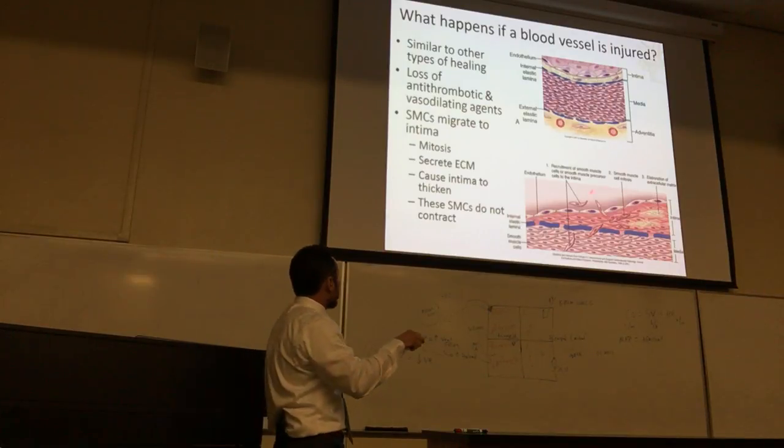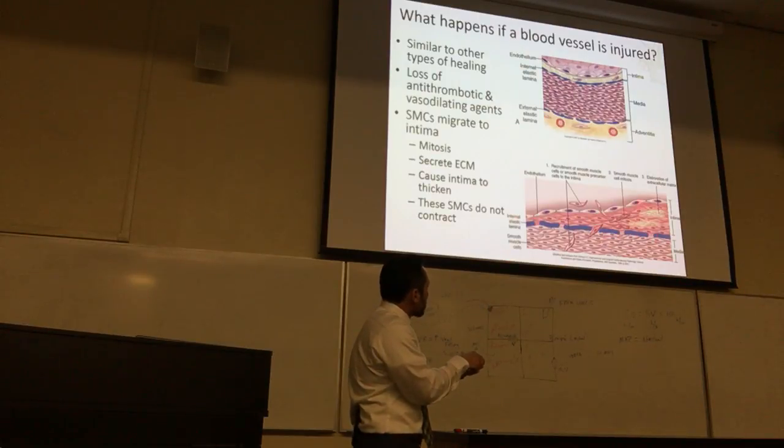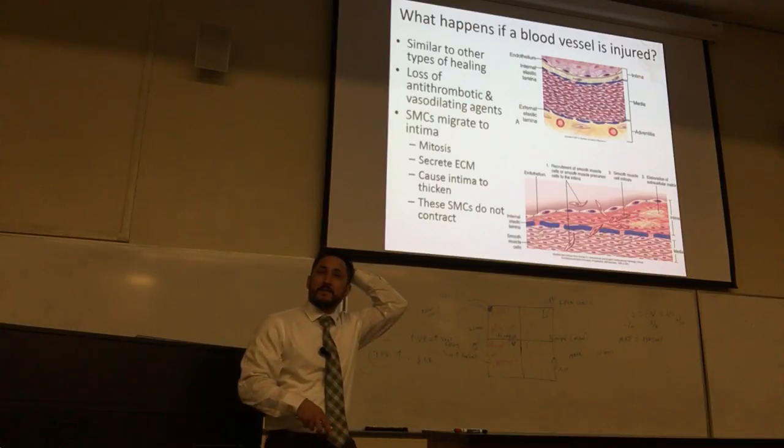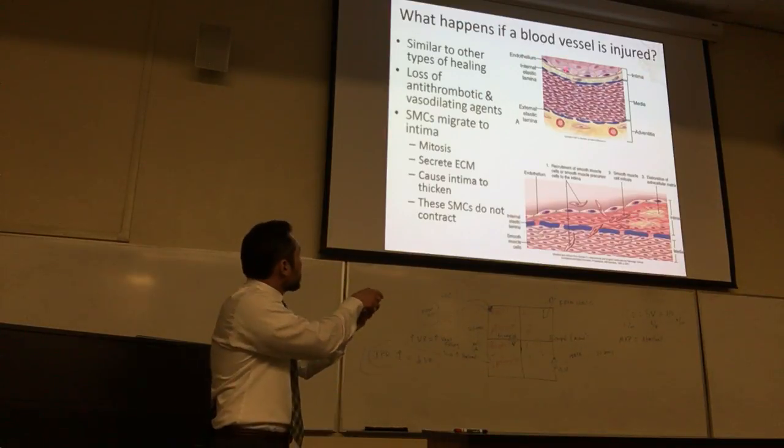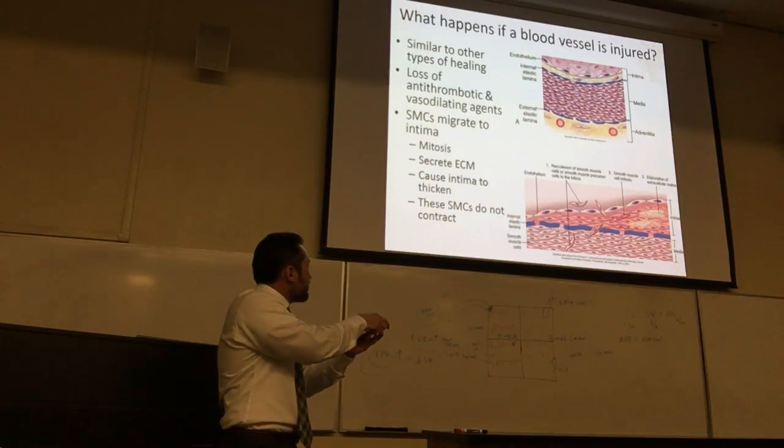So you can see in this lower picture, here's our blue dotted line of our internal elastic lamina. And you're not supposed to have any muscle cells on the other side of that layer. So if you look up here, you can see the internal elastic lamina is right at the base of the membrane where the endothelium sits. And in this picture, you can see that these smooth muscle cells have migrated in here.